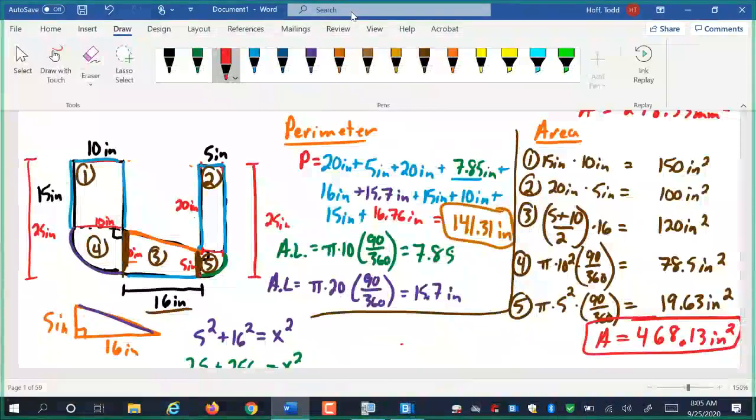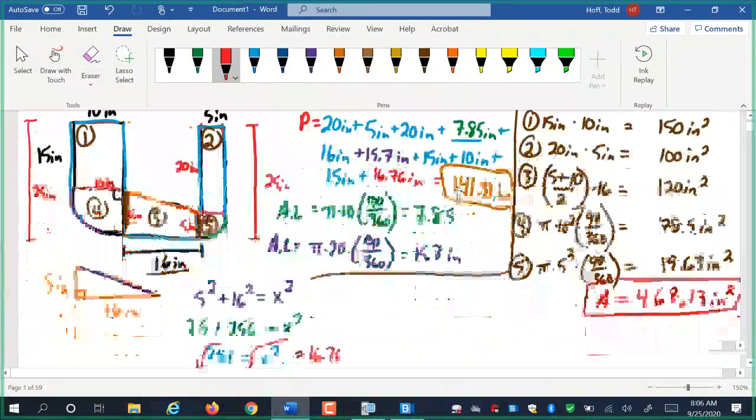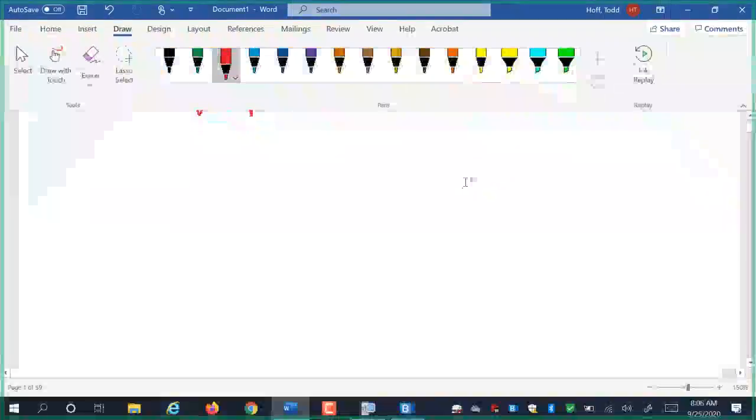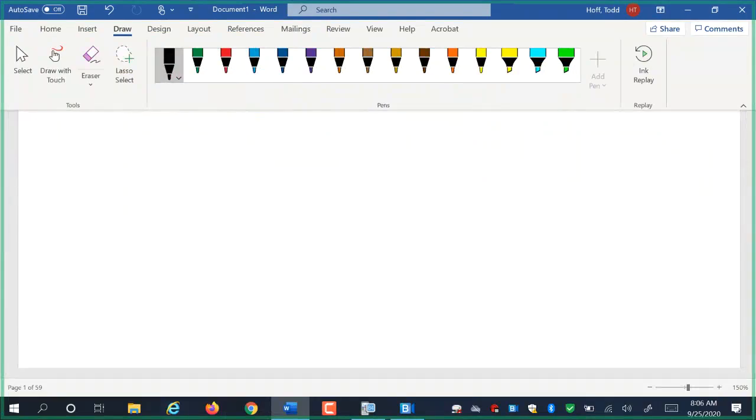Now, one major application of these areas, not necessarily big in machining, but it's big in construction and mechanical systems. It can be big if you get into the hydraulic side of it, dealing with head pressures.